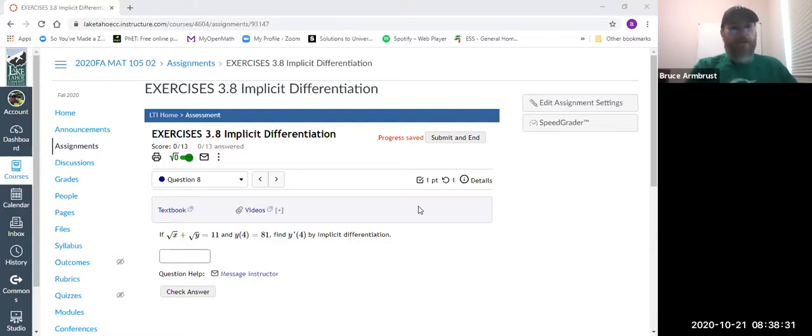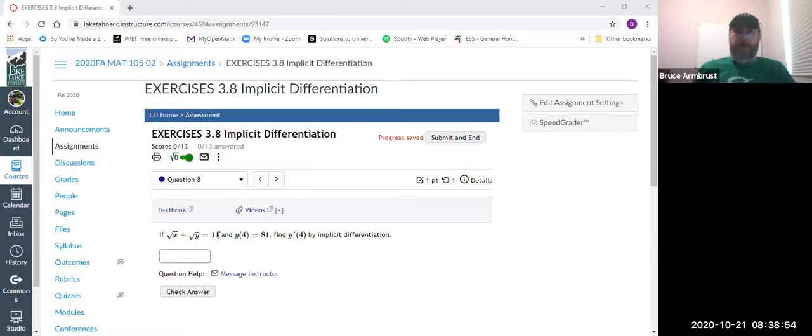And it says by implicit differentiation. We don't necessarily need to do implicit differentiation because we could solve this equation for y and then do it explicitly. But we'll see that doing this with implicit differentiation is a little bit faster.